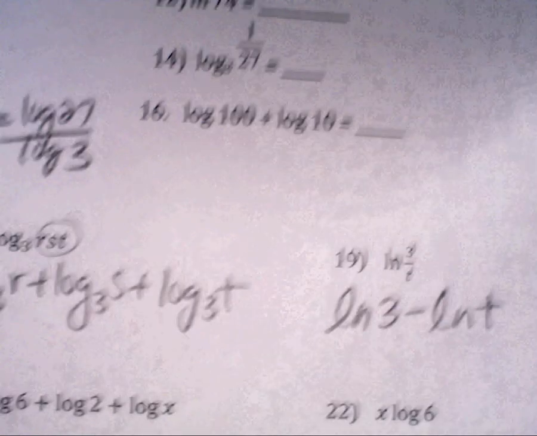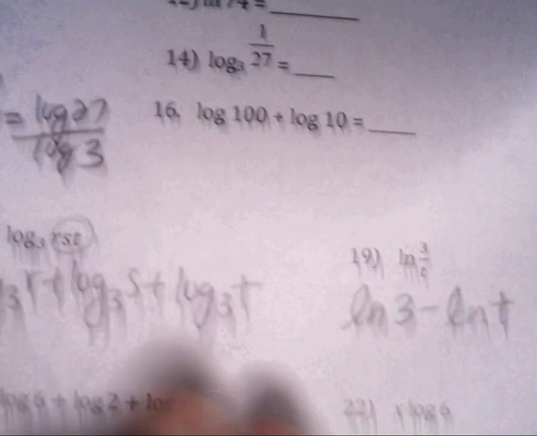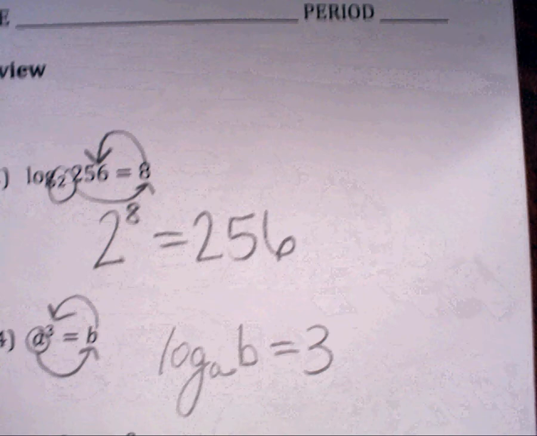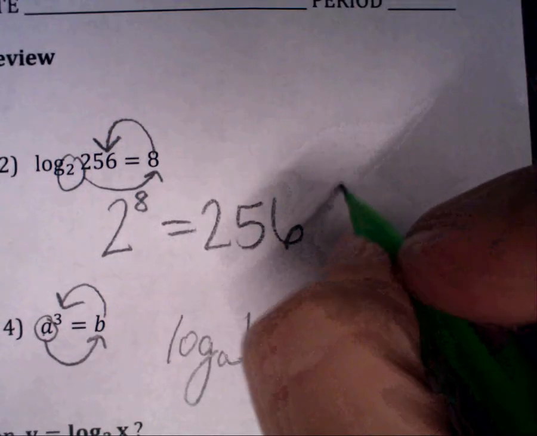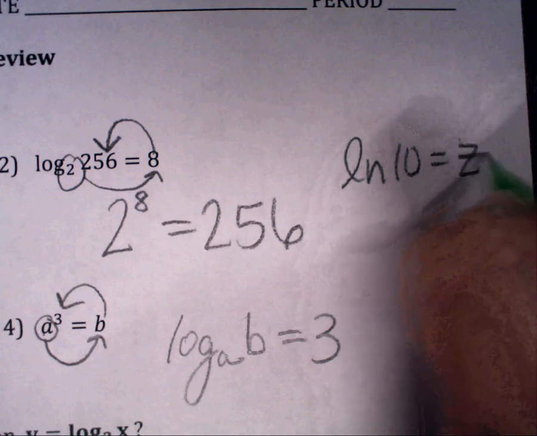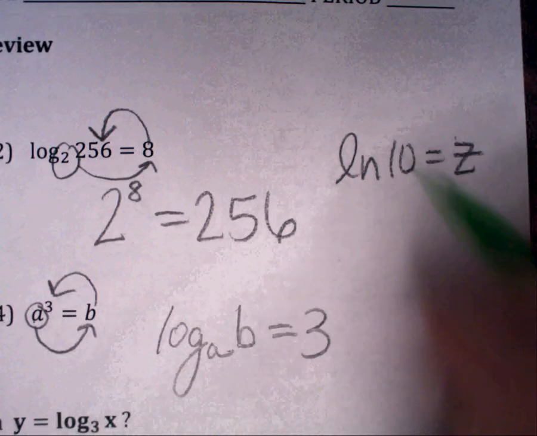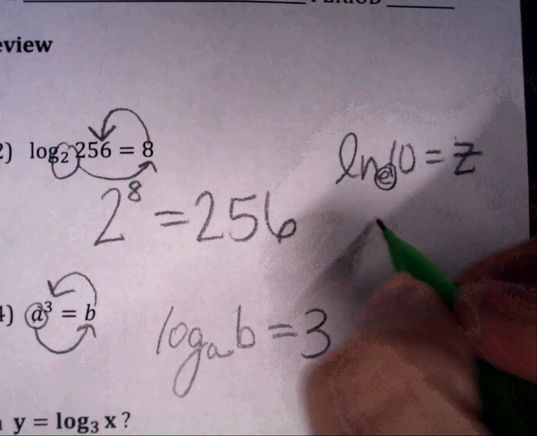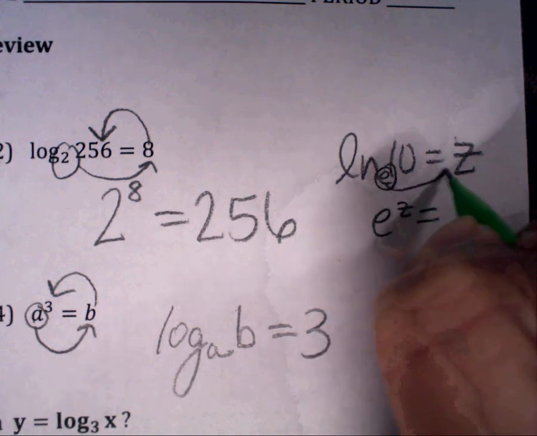I do want to go over one last thing way up here. What if this was ln 10 equals z? How would you rewrite that? Well, the base right here is e. e to the z equals 10.